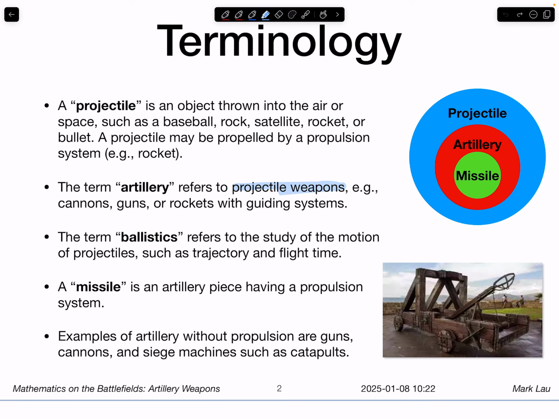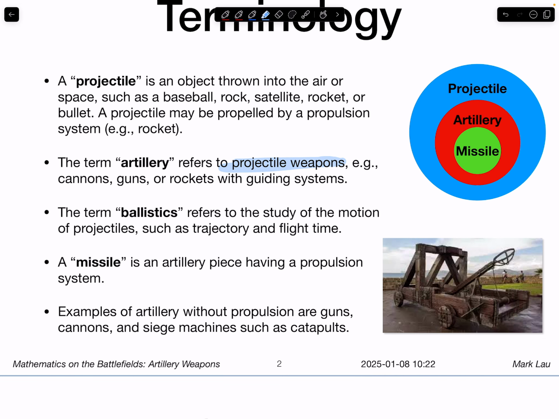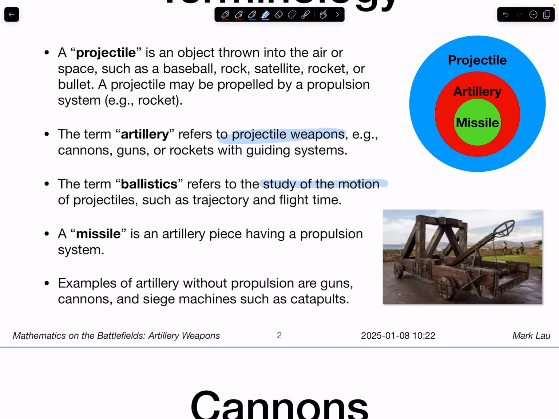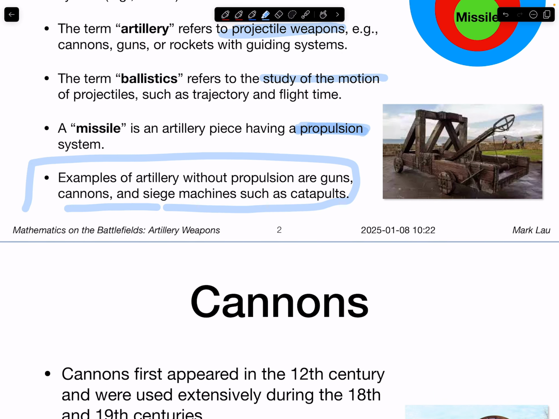This is the key word. And ballistics refer to the study of motion of the projectiles. A missile is an artillery piece having a propulsion system, so something that you can change during its motion. Examples of artillery without propulsion are guns, cannons, siege machines, catapults, because you can't change the direction, the pathway of the projectile.